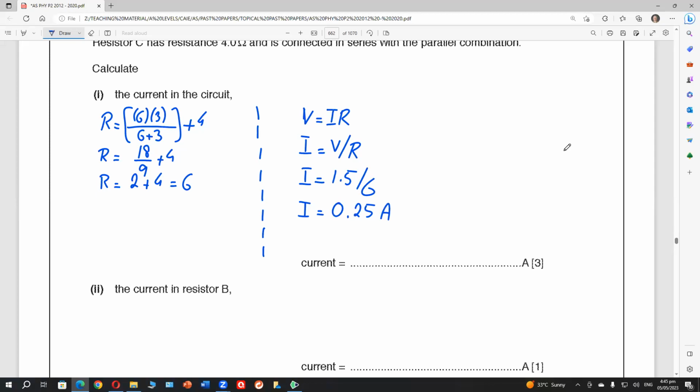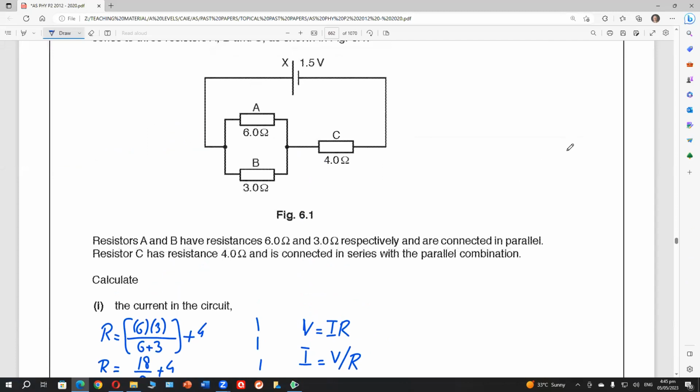0.25. Then he says find the current in resistor B. You can apply a ratio method because current divides in parallel, it's 6:3.